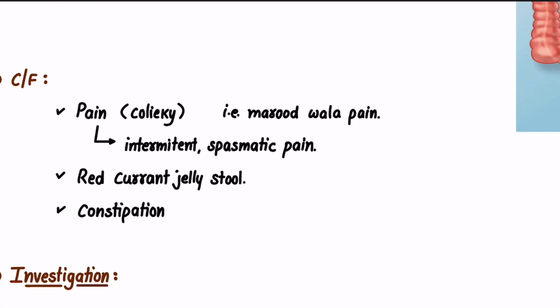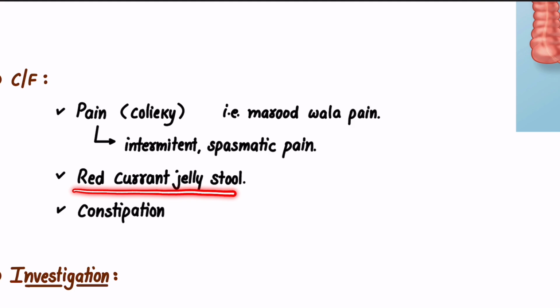Basically, the patient will complain of pain, which is colicky. What does it mean? Colicky pain is intermittent and spasmodic pain. That is, it is not a pain which will occur constantly for a longer period of time. It will occur in intervals, and the pain will be of a wavy nature.